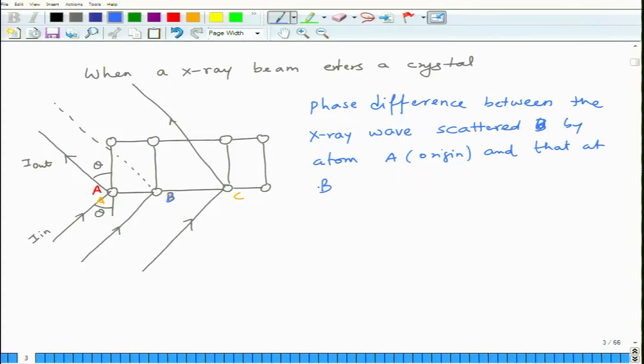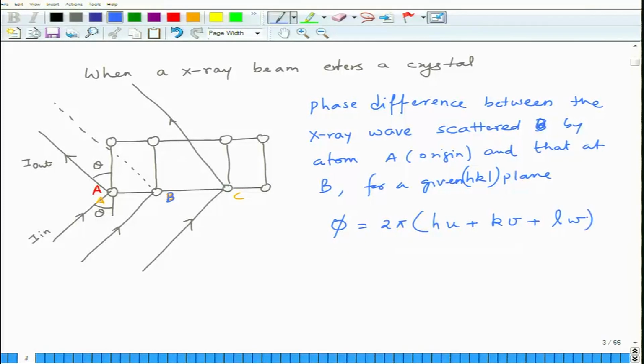For a given HKL plane, this phase difference is 2 pi (HU plus KV plus LW), where UVW are the coordinates of the atoms.